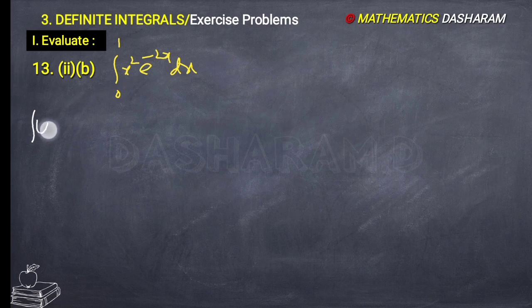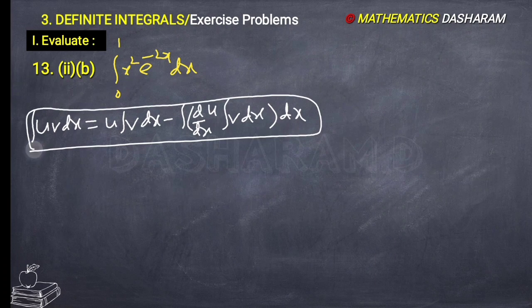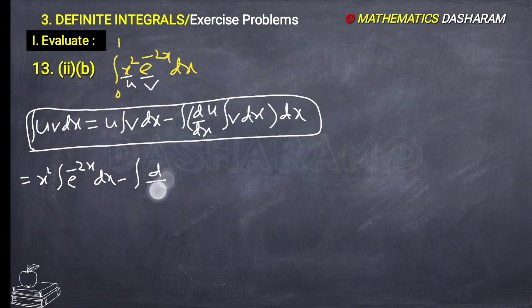What is that? Integration u into v dx equals to, so here u, x square is u, e power minus 2x is v. So x square into integration of e power minus 2x dx minus integration d by dx of x square integration e power minus 2x dx all dx.